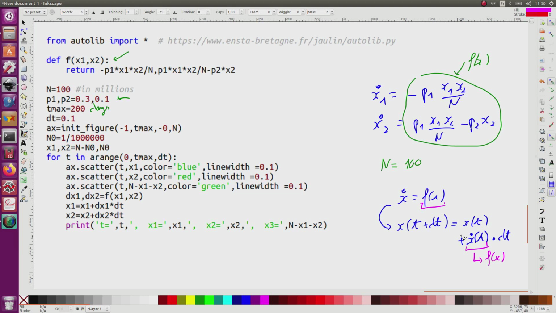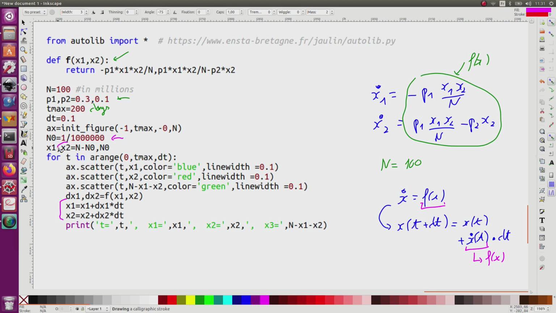And this is what is used in the program to simulate the evolution of a differential equation, such as is the case here. The Euler formula is here, where x1, x2 is a state. At the initialization, I have here 1 divided by 1 million, which says that I have only one individual who is infected.